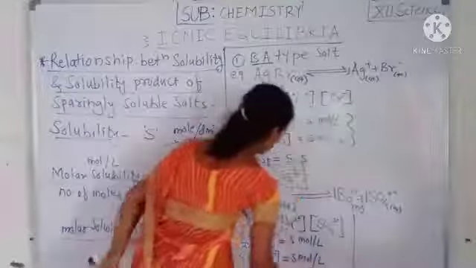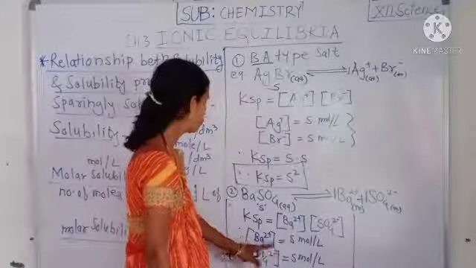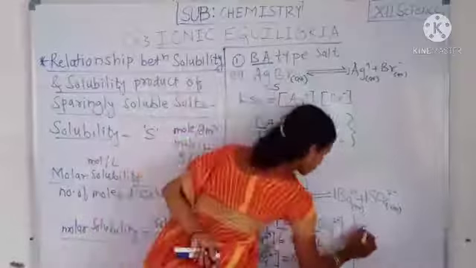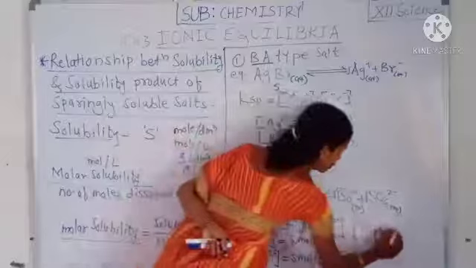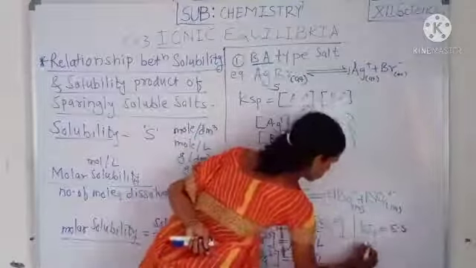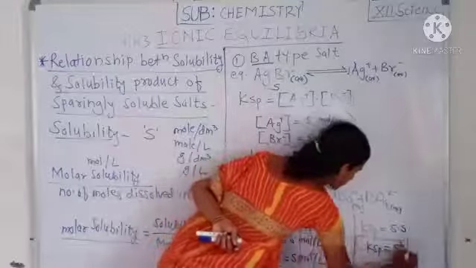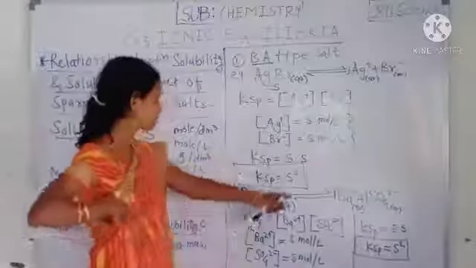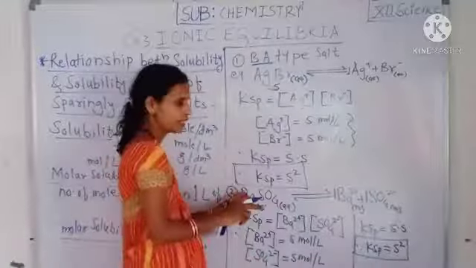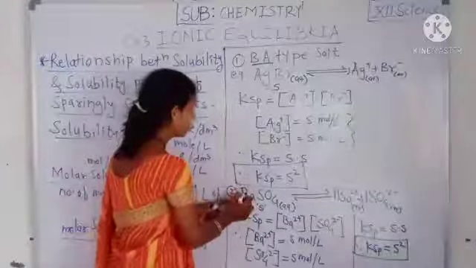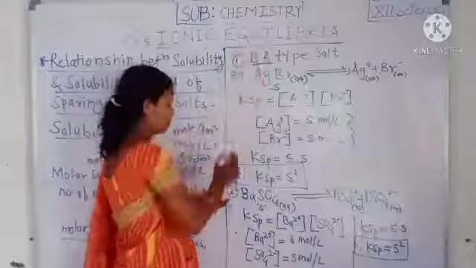Then putting the values of the Ba2+ ion concentration and SO4 2- concentration, Ksp is equal to S into S, therefore Ksp is equal to S square. See here, there is also a relationship between Ksp and solubility of that sparingly soluble salt BaSO4. BaSO4 is also a BA type of salt.